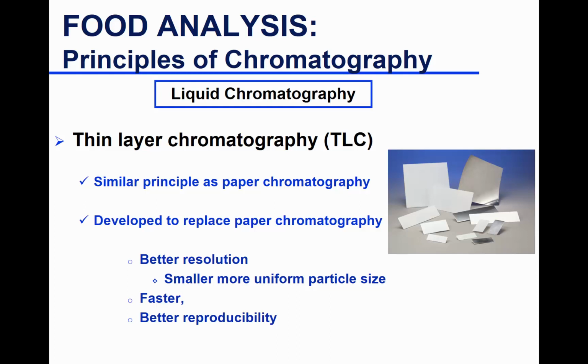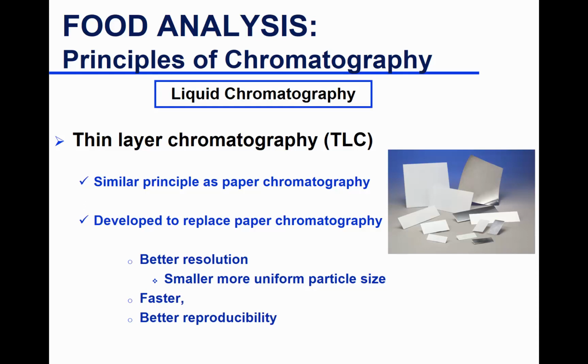So there we go. Similar principle as paper chromatography. You can buy the plates already made, and they come in different sizes. Or when I was a student many, many years ago, we actually used to pour them ourselves, and I'll show you a slide later on.